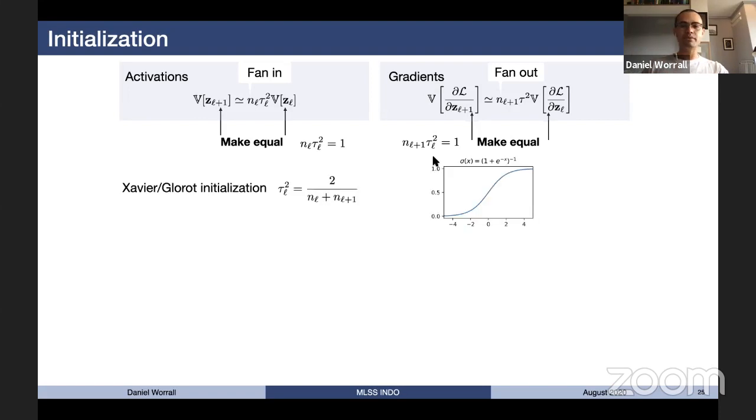And so we want these two equations to be equal to 1. So various people have come up with different laws, and it depends on the nonlinearities you use. So for a sigmoid or a tanh nonlinearity, anything which is smooth at 0, people tend to use this law.